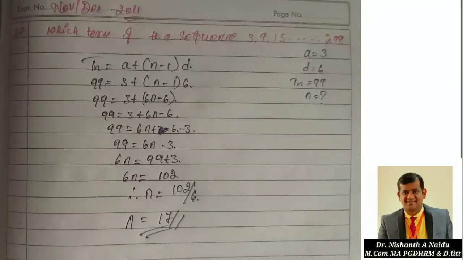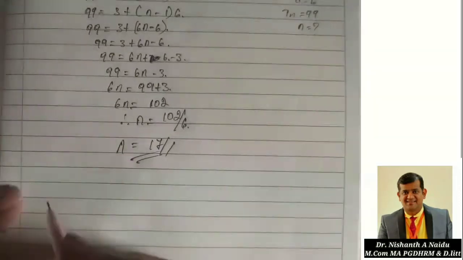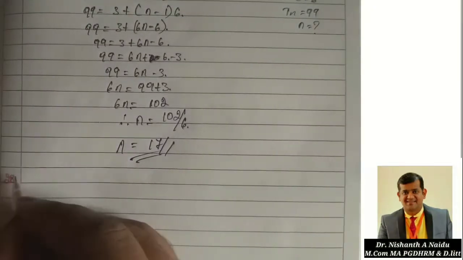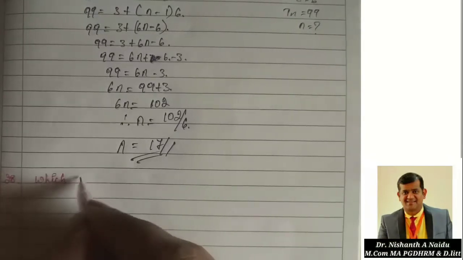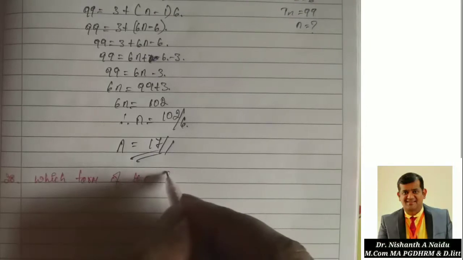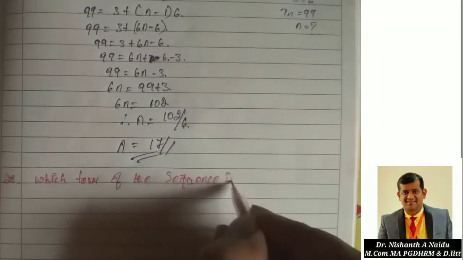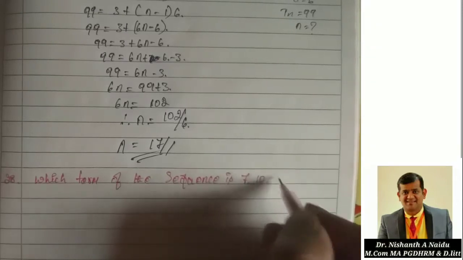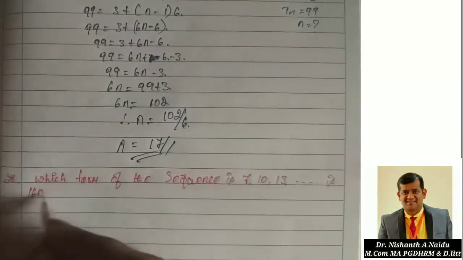So this is the answer to this particular question. Next is problem number 28. Which term of the sequence 7, 10, 13 and so on is 160?